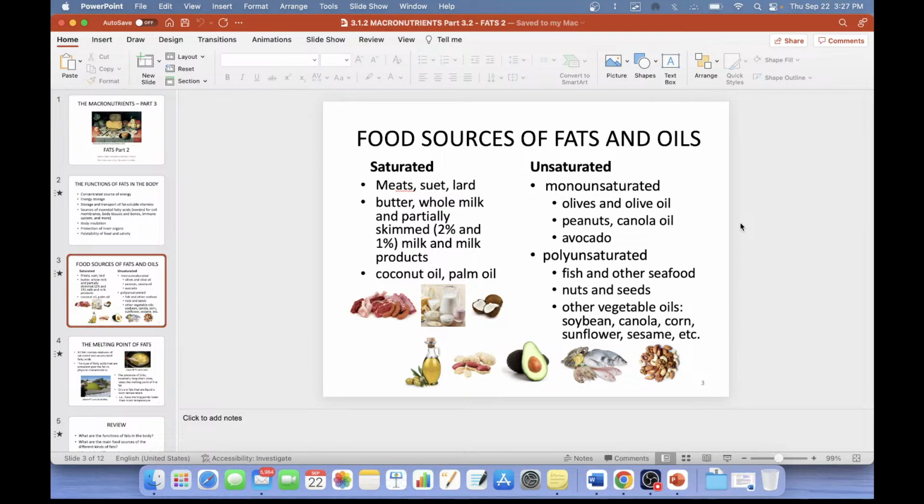Butter and whole milk, which is the source of butter, or partially skimmed milk. Milk can be processed in such a way as to take the fat away from it. The fatty part of milk is called cream.